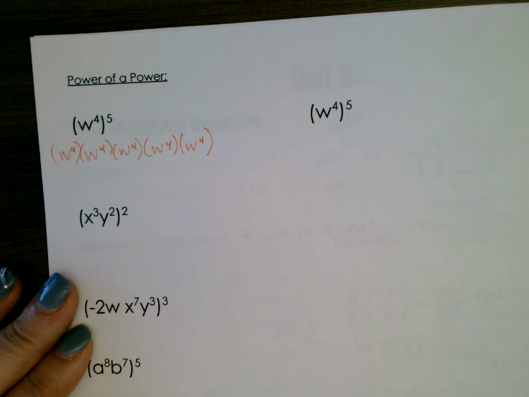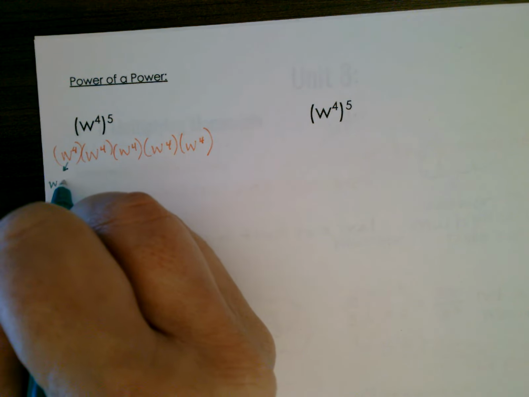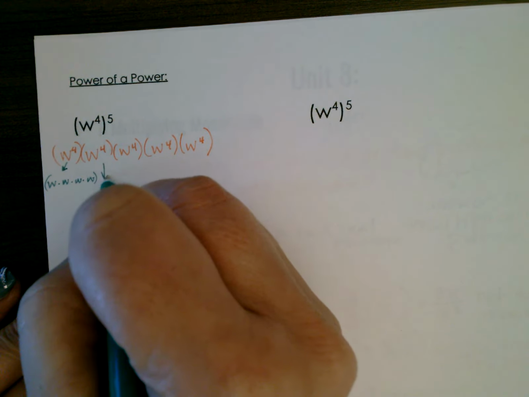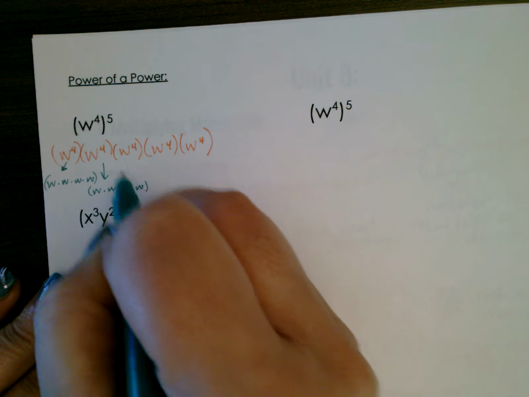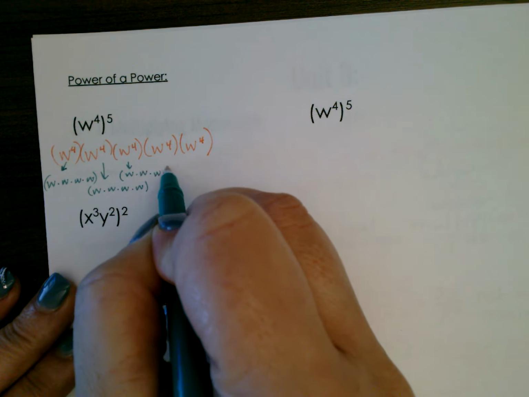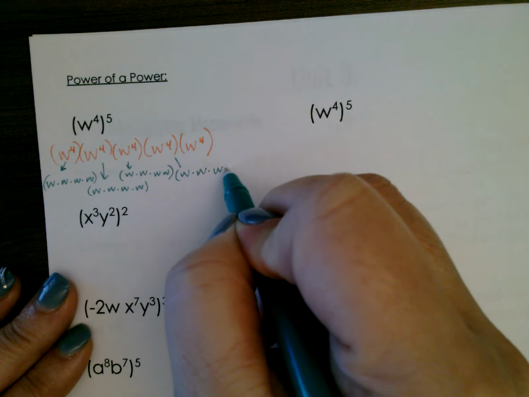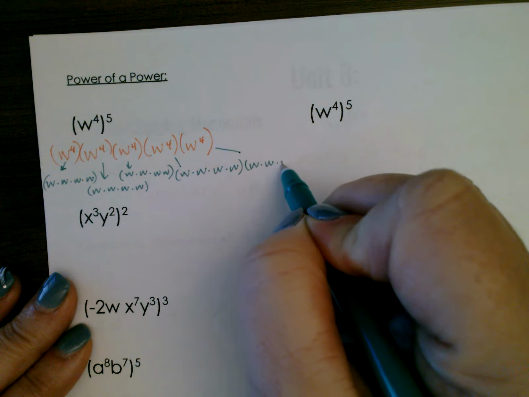Well, what we can remember from the last little section is each of these is 4 w's being multiplied together. And one more, good gracious.